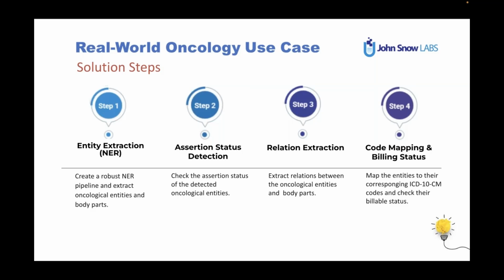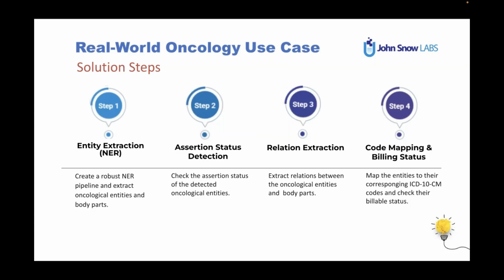sometimes we saw that the cancer term, for example, can have an ICD-10 code which is not billable. But if there's body part information in the same text, like lung cancer or brain cancer, and we use that body part information together with the oncological entity, we can map that to a more accurate ICD-10-CM code.